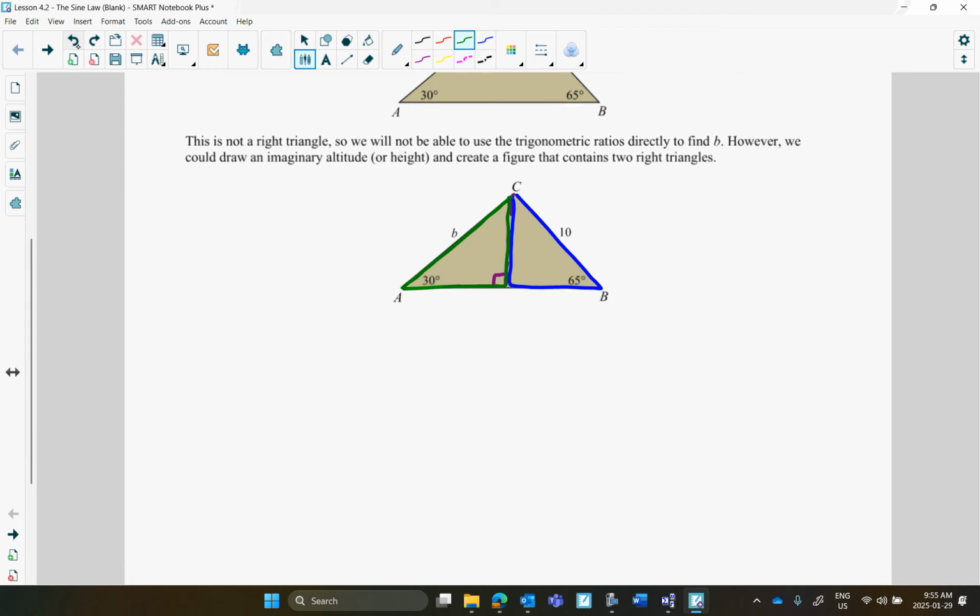What would the trig equation look like to find, let's just call it X. So I'm looking for opposite, I'm given hypotenuse, so yes, sine 65 degrees is equal to the opposite side over the hypotenuse 10.